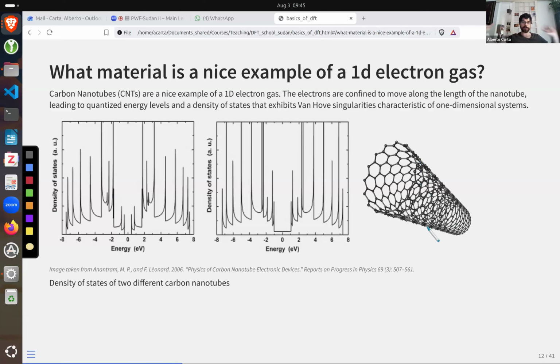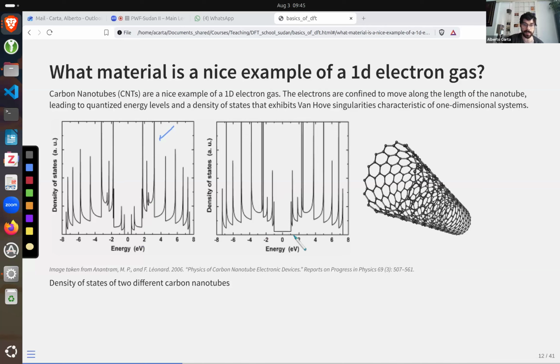These are tubes of carbon that are closed onto each other, and the wireness, the 1D-ness, comes from the fact that the electrons will be confined in a circle in the x and y directions, but along the z direction it is basically infinitely extended. And if you look at the density of states of carbon nanotubes, here taken from a book on physics of nanotube devices, you can really see these spikes.